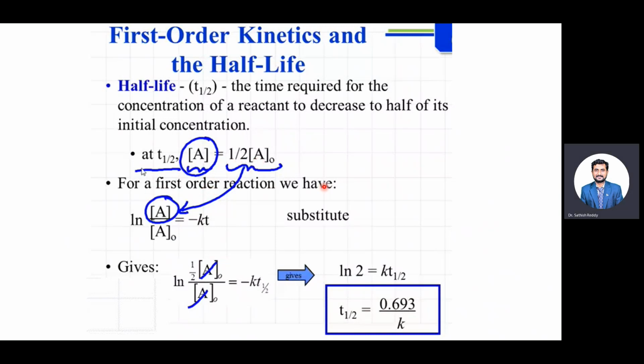For the first order reaction, we have ln([A]/[A]0) equal to minus kt. You substitute [A] as half of [A]0, and the [A]0 cancels. Then ln(1/2) is equal to minus k t half. This gives ln 2 equal to k t half, then t half is equal to 0.693/k.